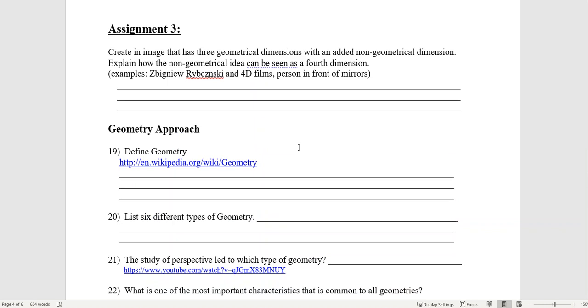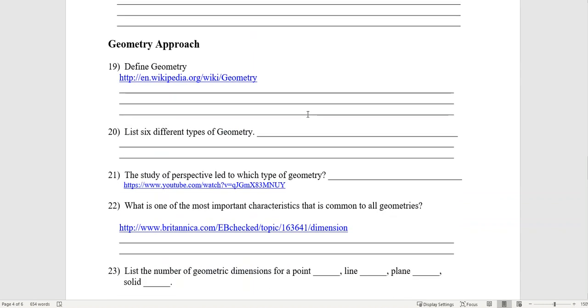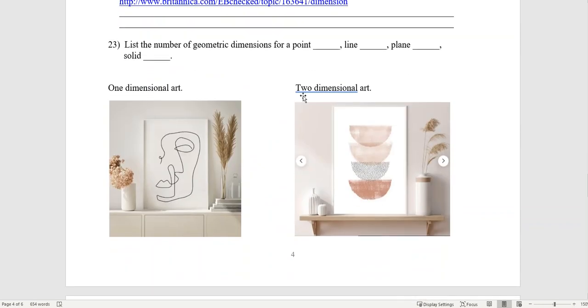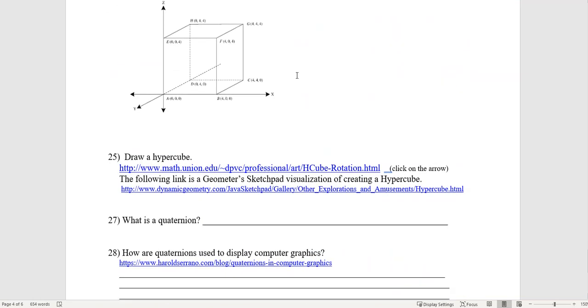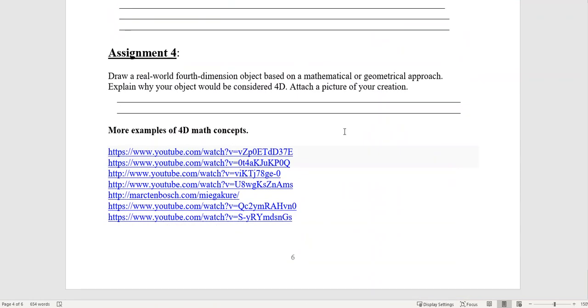You even start to think more broadly about higher dimensions and creating a project of your own. Then there is one last one, assignment four. And then you should be ready, after all that, to complete the project.